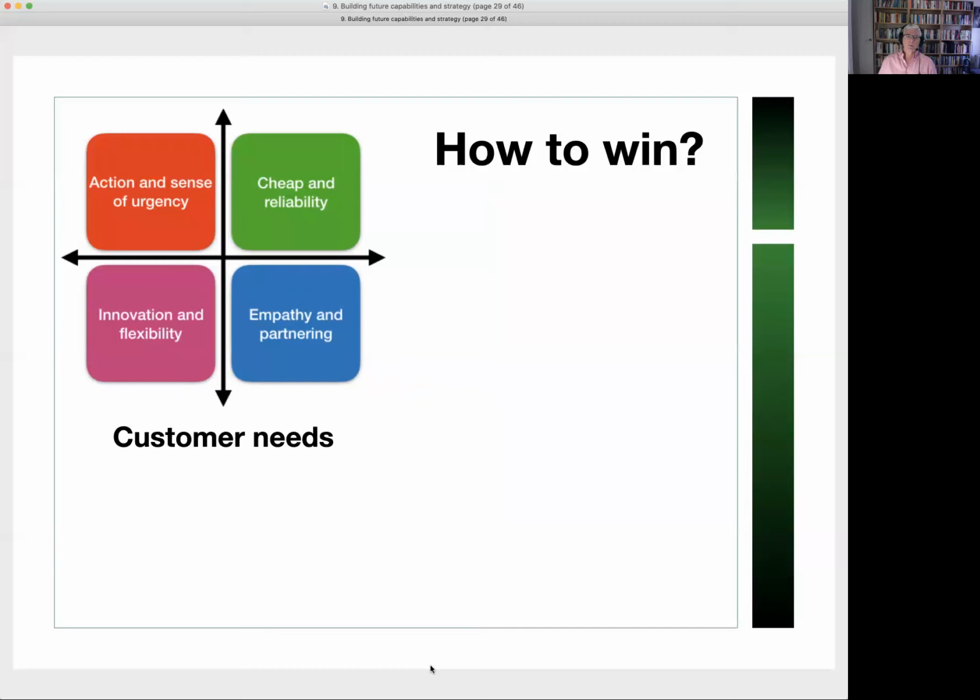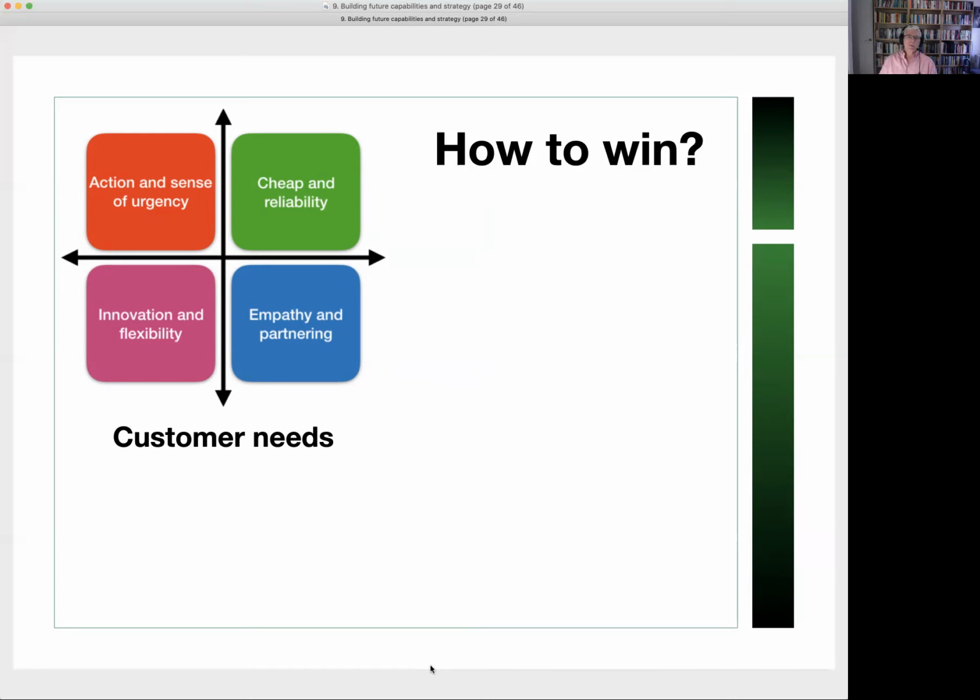And I'm going to share with you a particular framework which is really part of some long-standing research that I've been involved in, and that is, what are the pathways or particular strategies that companies can adopt to develop competitive advantage?